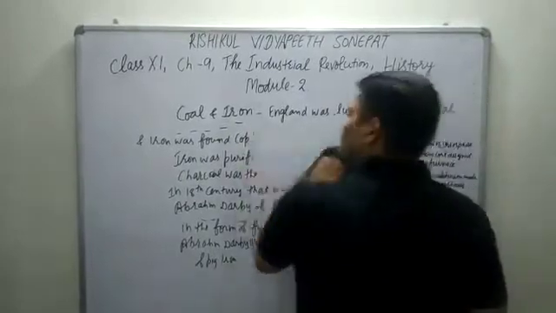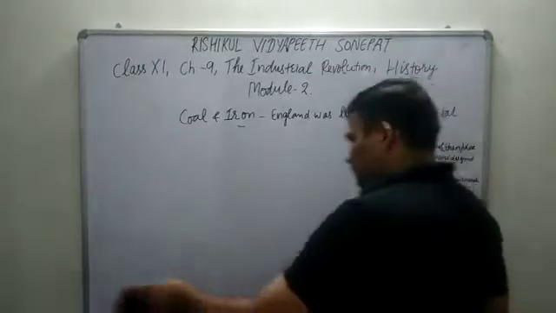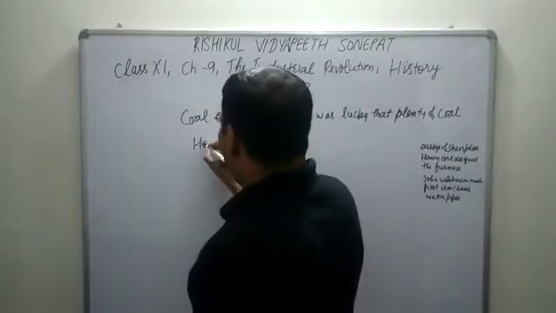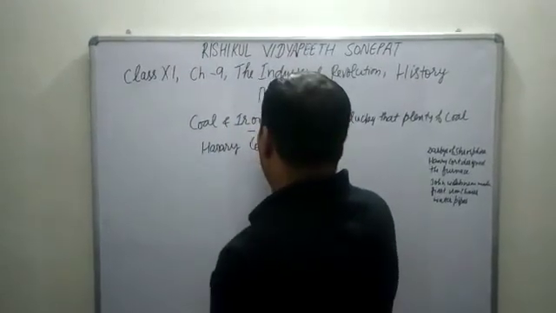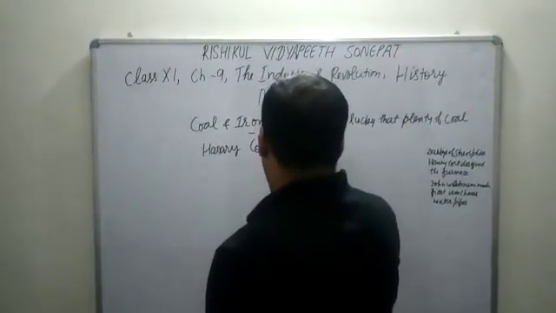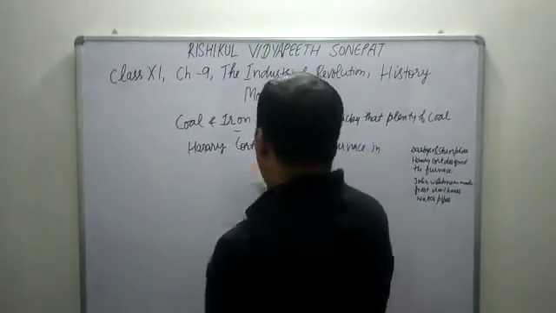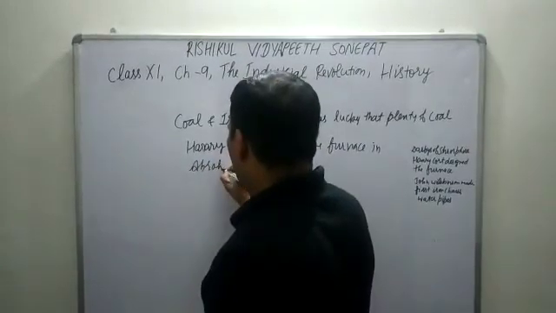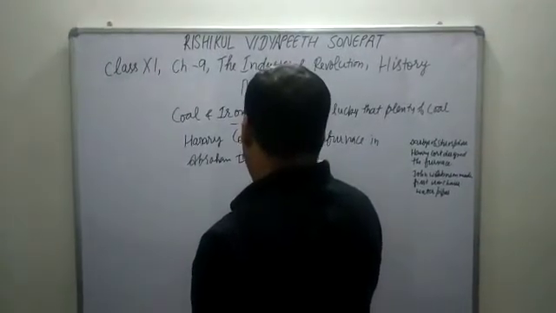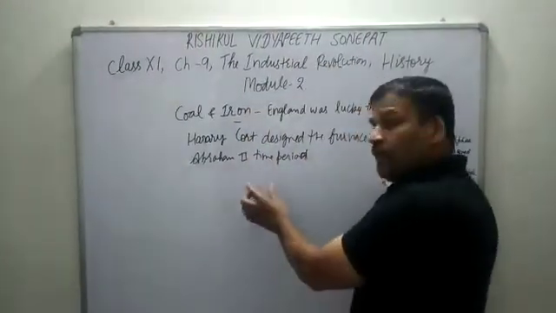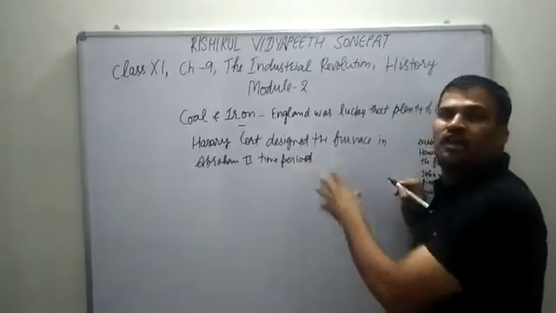Henry Cort designed the furnace in Abraham's second time period, and he even modified it, and due to this good quality of iron was produced.